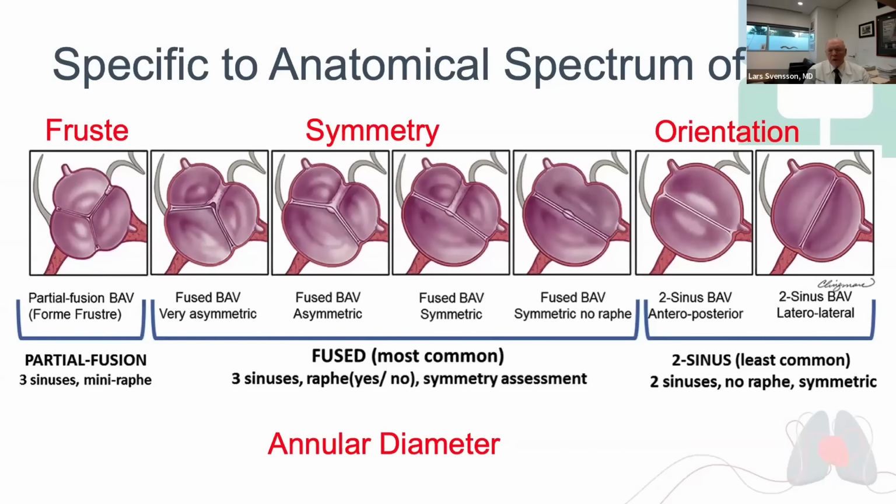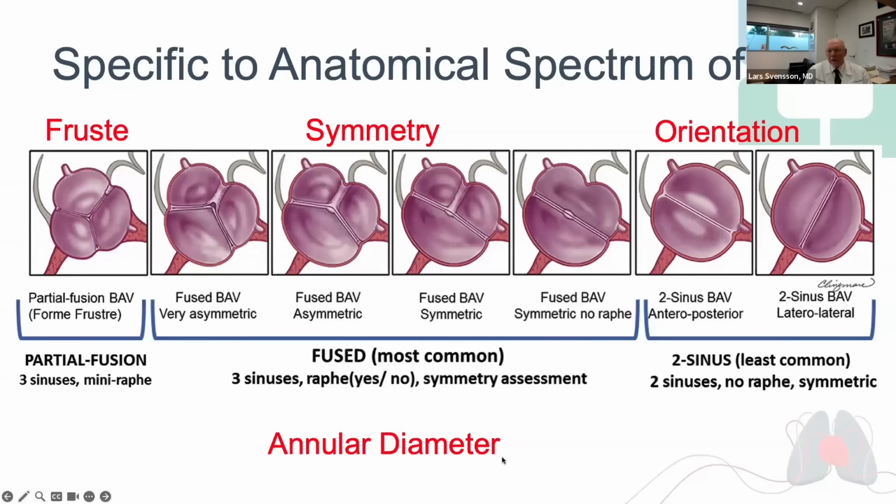I'll just mention a bit about the classification of bicuspid valves. This is something that we worked on, and essentially we looked at, is this just a minimal bicuspid valve, a narrowing at one of the commissures? Then we look at symmetry, not that important from the point of view of repair, and then the orientation. Most patients have the fusion of the left and right leaflets, less so the right and non-coronary, and pretty rare is the fusion between the left and the non-coronary.